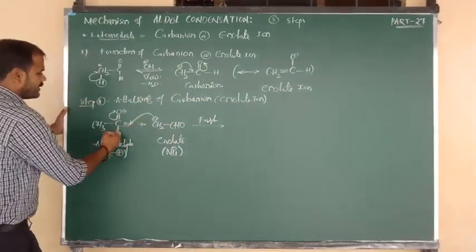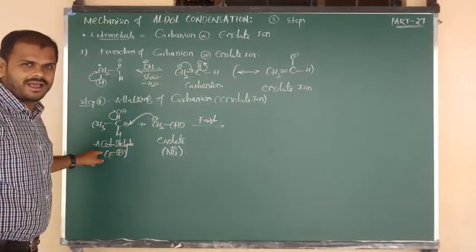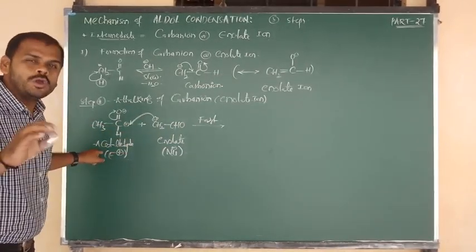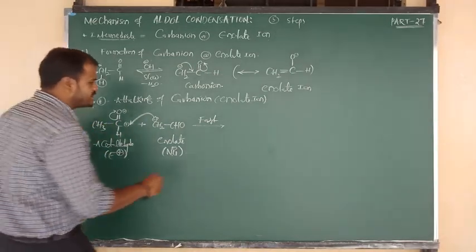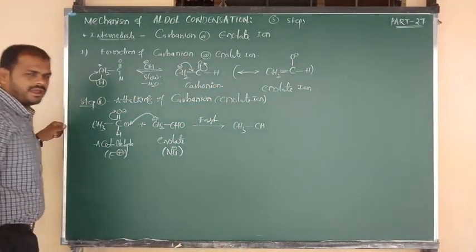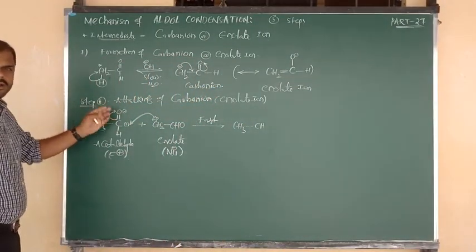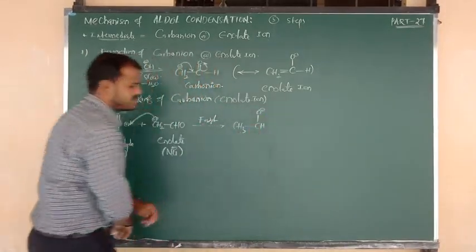So carbanion attacking takes place upon the carbonyl carbon of the second mole of acetaldehyde. Now your product is CH3 bonded to C, C contains H. The C above plane double bond becomes single bond, and that contains the charge minus.